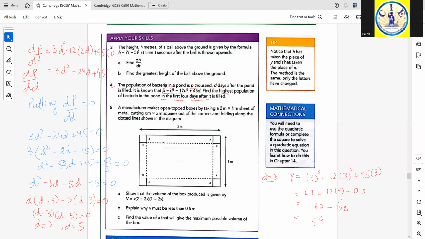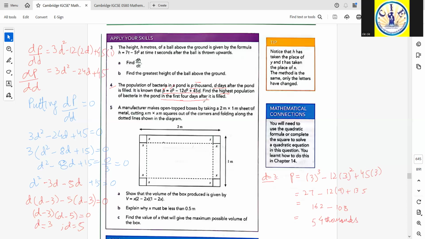Now, since P was in thousands, it is 54,000.